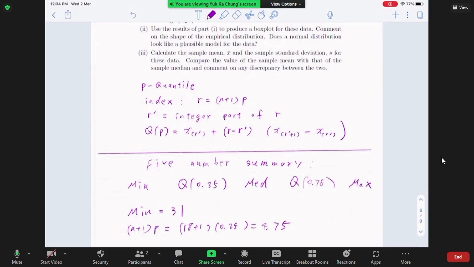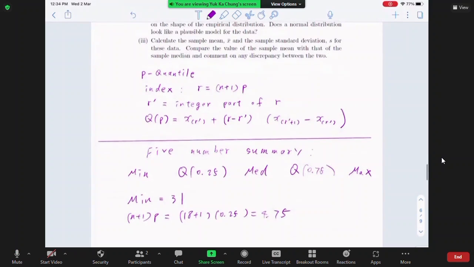So it is somewhere between the 4th number and the 5th number. So Q of 0.25 is equal to S4, where 4 is the integer part of the index, added to the fractional part, 0.75, multiplied by the difference between the 4th number and the 5th number. Okay? This is how we do the so-called interpolation.